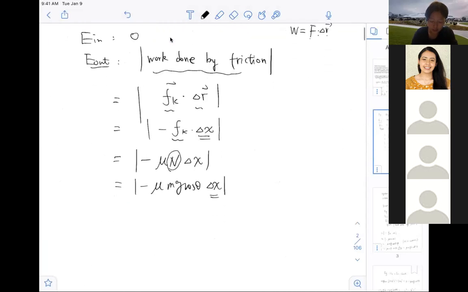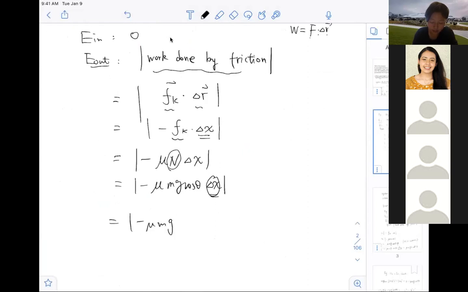So I can replace my delta x by h over sine theta. Then this becomes cotangent theta, so mu mg h over tangent theta. And this is the only unknown variable there is.